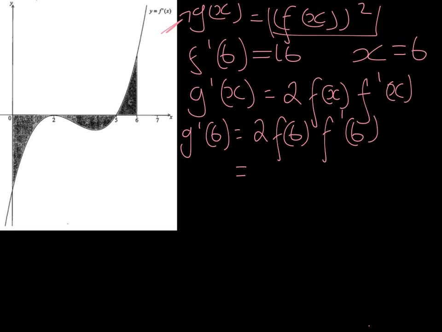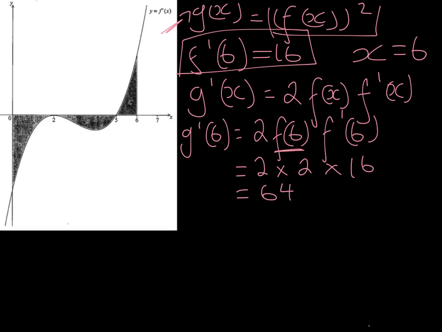We found in part C that f of 6 was 2, so this is going to be 2 times 2, and in the question we are told that the derivative of 6 is 16, so this is going to be 2 times 16. So we can say that the gradient of the tangent at x equals 6 is equal to 64.